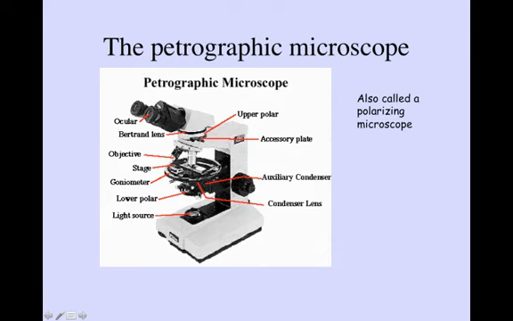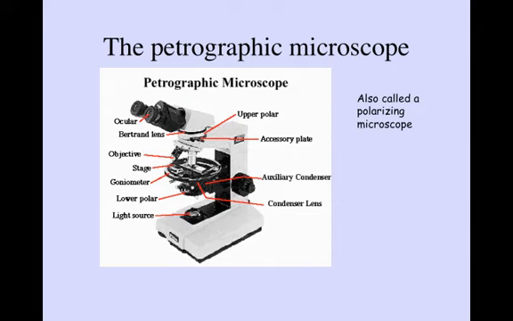Down here below the stage, a couple of important pieces. The lower polarizer, so all the light that passes through the microscope is polarized once at least. Above that is the condenser lens that you can use the little knob on the side beneath the stage to put in or take out.